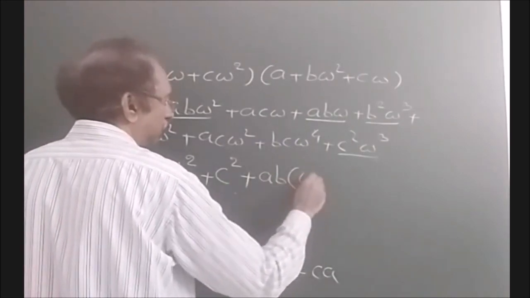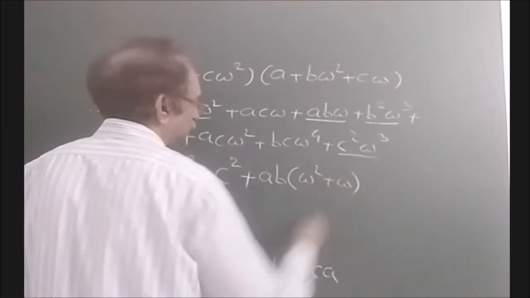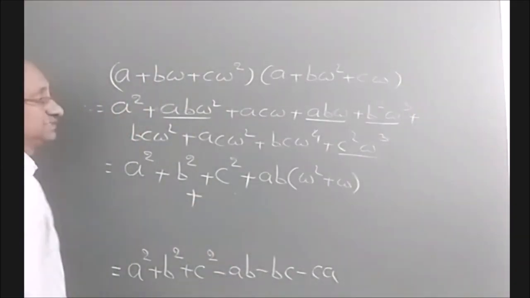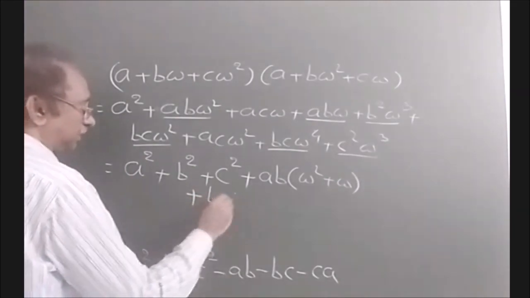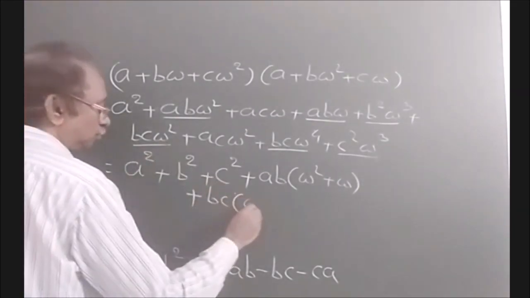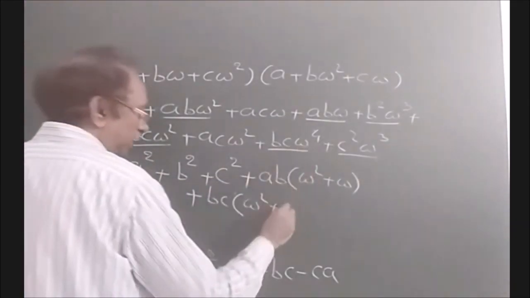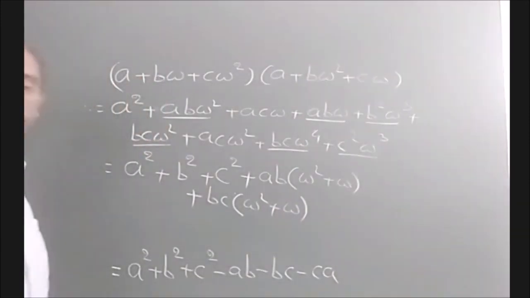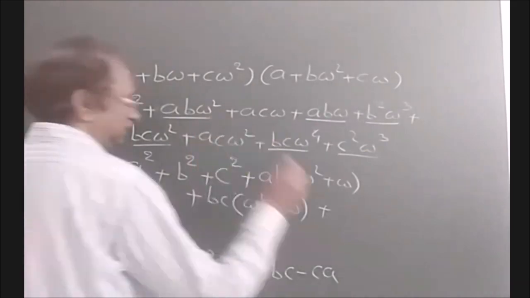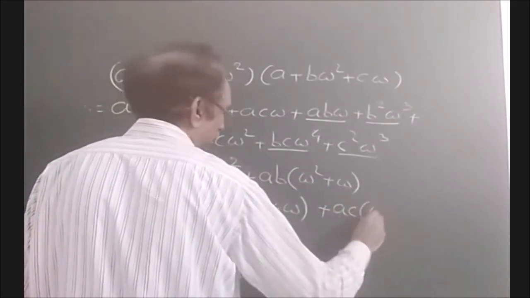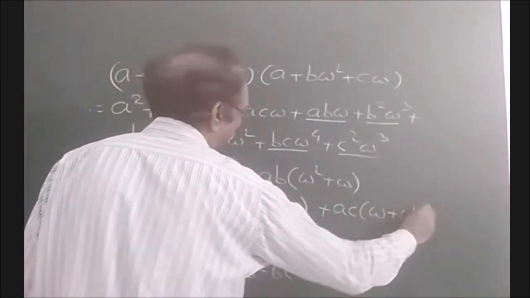Take AB common: omega square plus omega. With these two, take BC common, BC into omega square, and this omega power 4 can be simply written as omega, plus AC omega plus AC omega square. So AC into omega plus omega square.